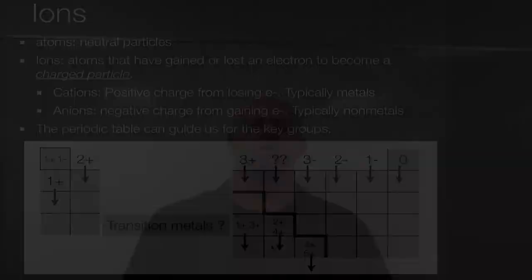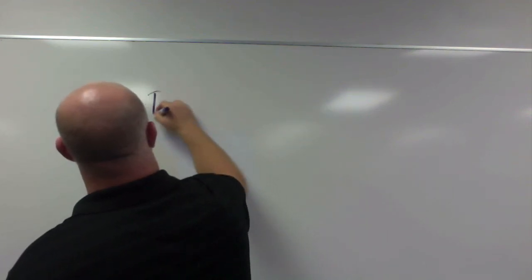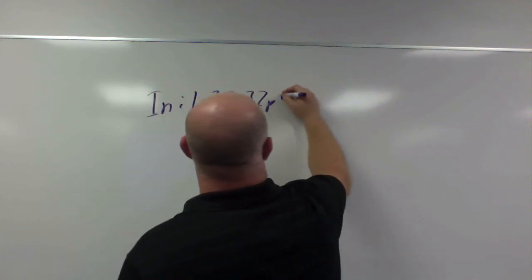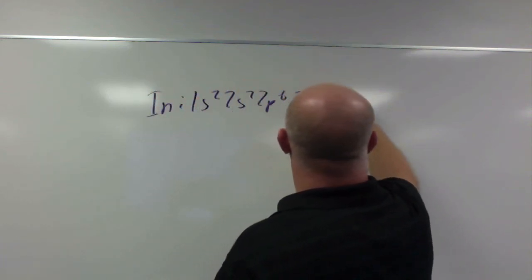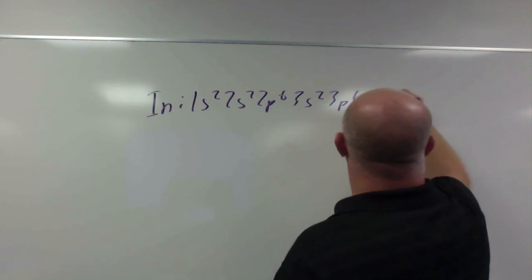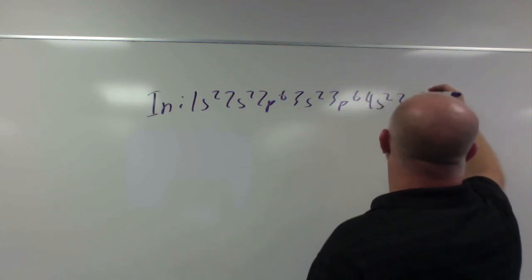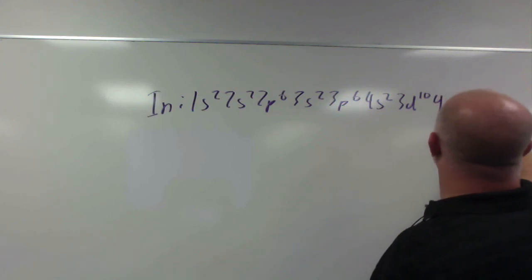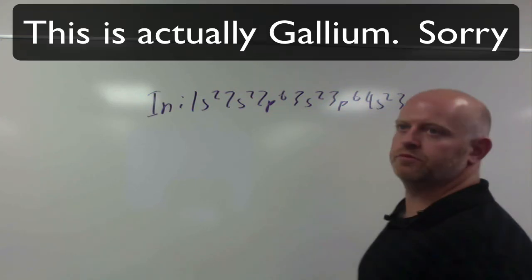Okay, so if we take a look at group 13, let's pick one element out of there, let's say indium. Indium is number 49 on the periodic table. If we do its electron configuration, it's 1s2, 2s2, 2p6, 3s2, 3p6, 4s2, 3d10, and then 4p1.